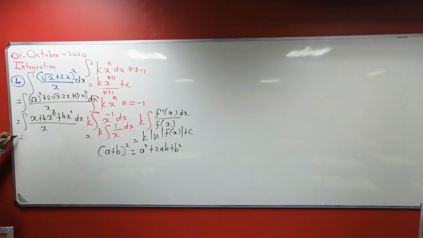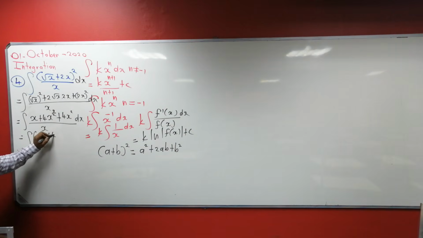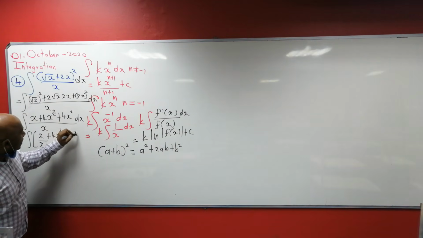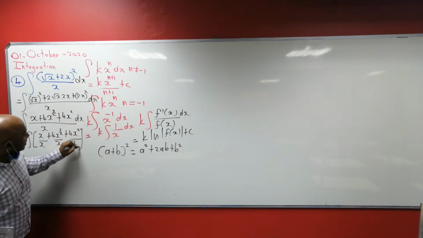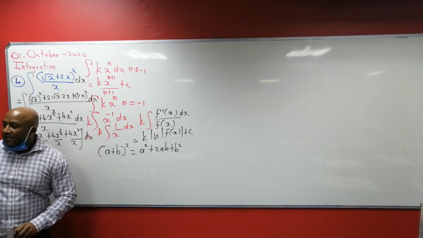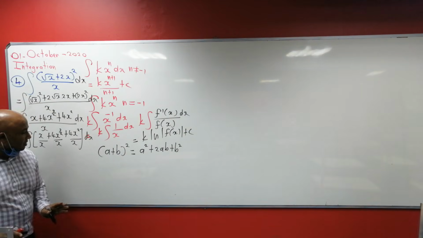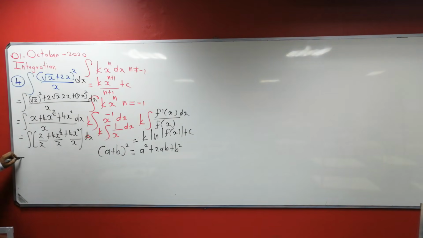So therefore, this will be x over x plus 4x to the power 3 over 2 over x plus 4x squared over x. So all I'm doing is simplifying, separating them into fractions. Why am I doing this? I want to get it into standard form. So x over x here is 1. Here, this will just be 4.